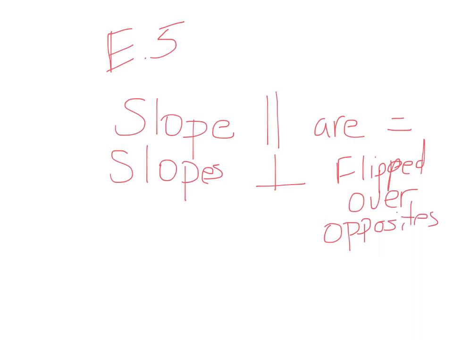So if a line has a slope of 3/7 and we want the slope of a line parallel to it, the other slope is 3/7 still. If we wanted the slope of the line perpendicular to this line, we would flip the 3/7 over to 7/3 and change the sign to negative. Okay, so again, go ahead and try some of these and write down what's hard, and I'll help you through it.